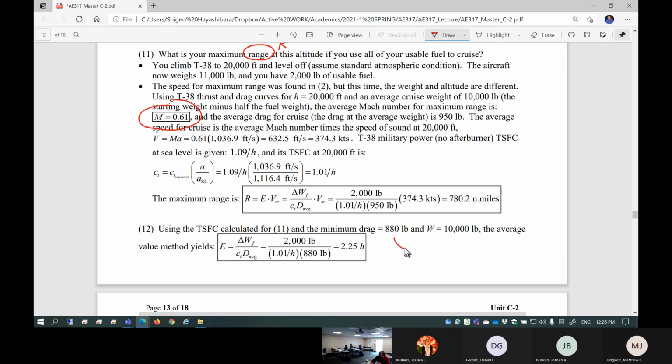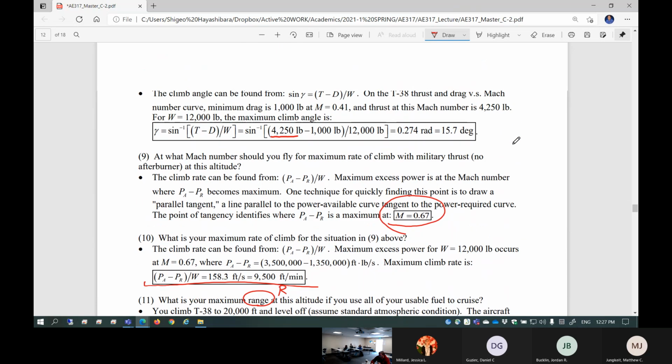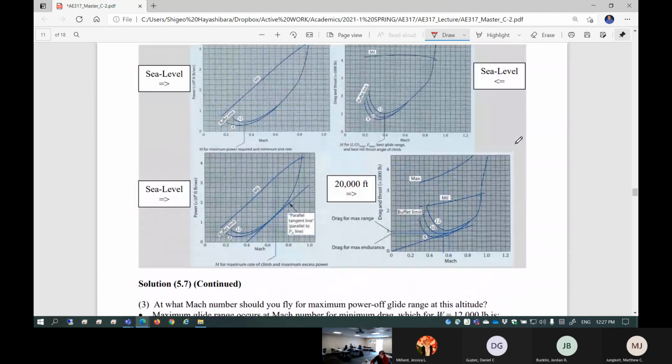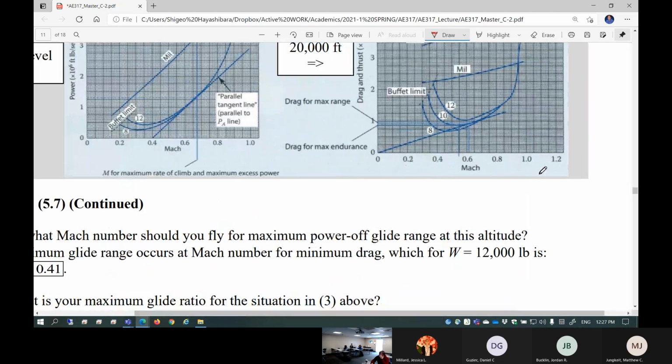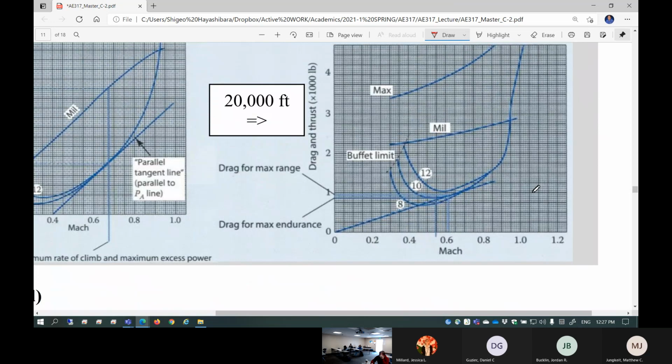What's the Mach number? Wait, I had a question. On the graph above, why did you use 0.41? Well, that's the sea level. We are now at 20,000 feet. Oh, okay. So it's slightly different. Let me take a look once again. This is the minimum drag for 10,000 pounds.